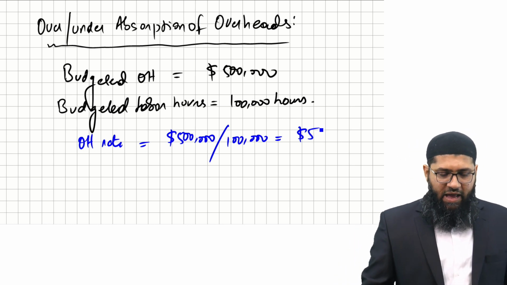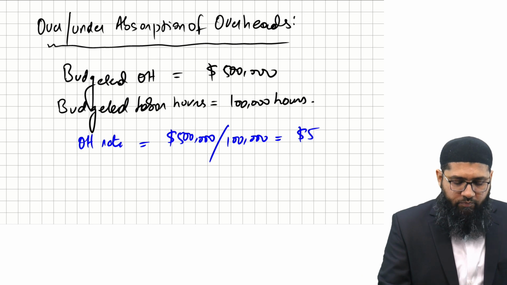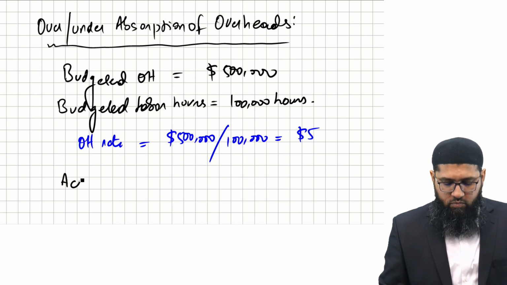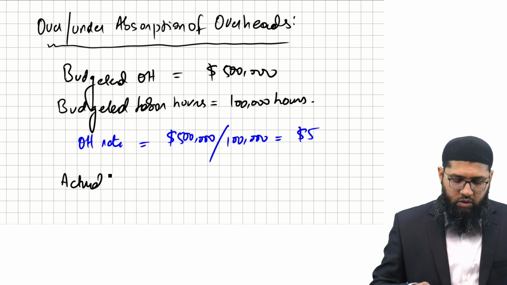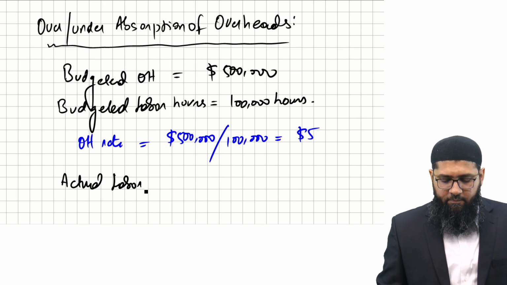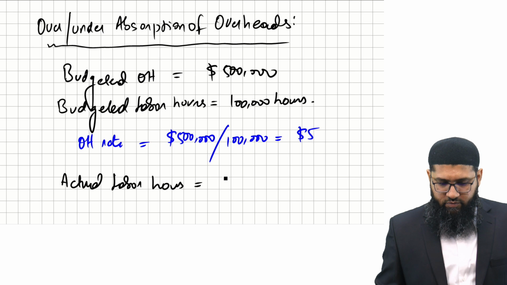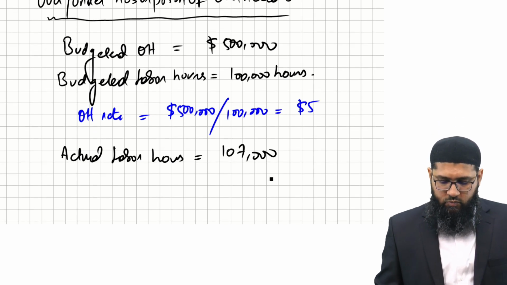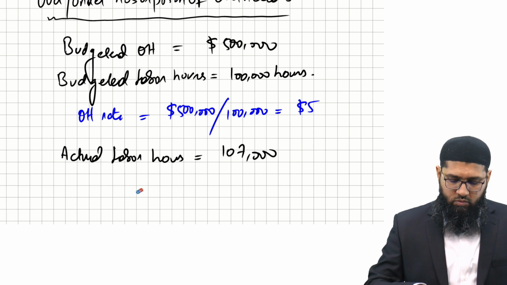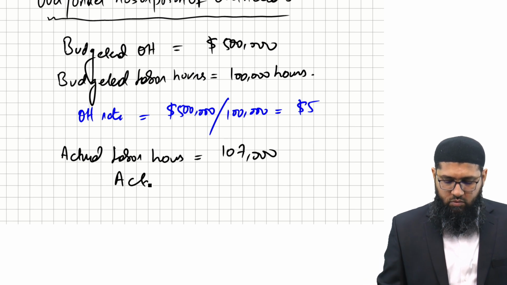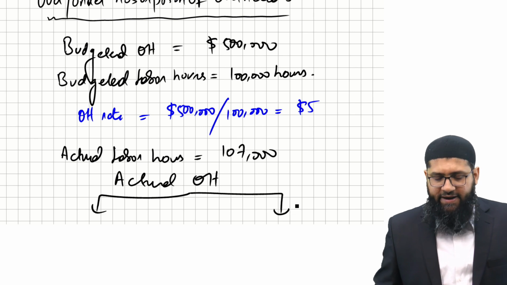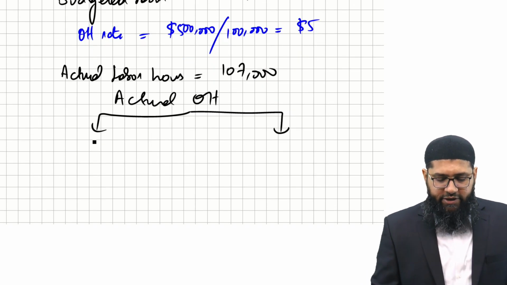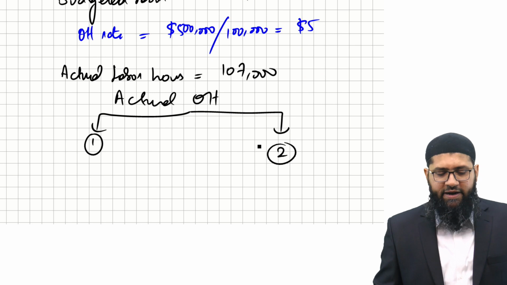Now what next is going to happen? Let's assume the actual labor hours is 107,000, and for the actual overheads I would create two situations, situation number 1 and situation number 2.